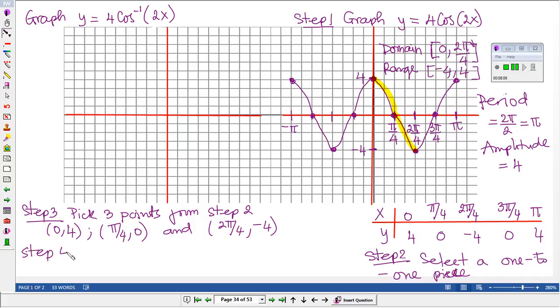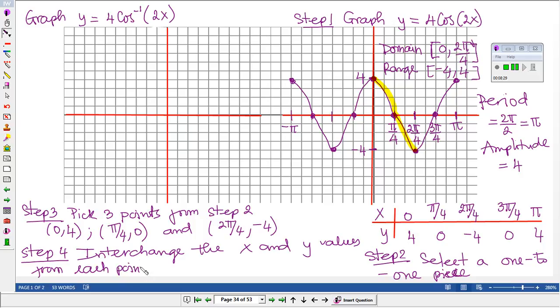And step number 4, we are going to interchange the x and y value of each point from step 3.